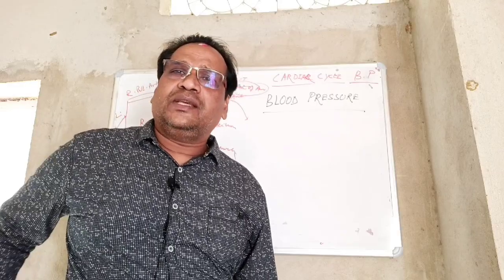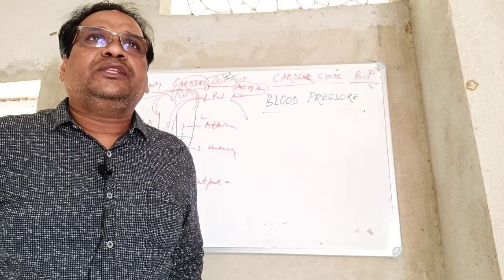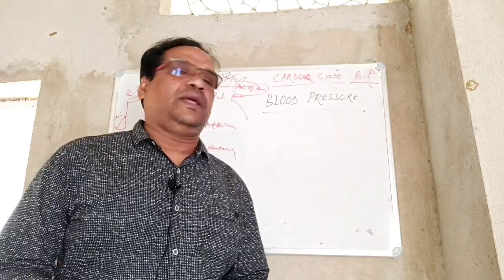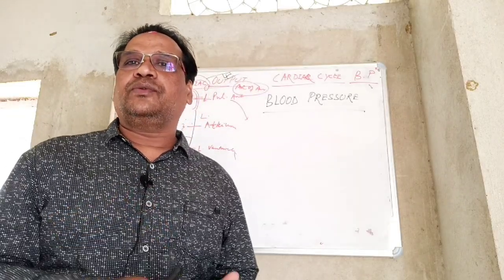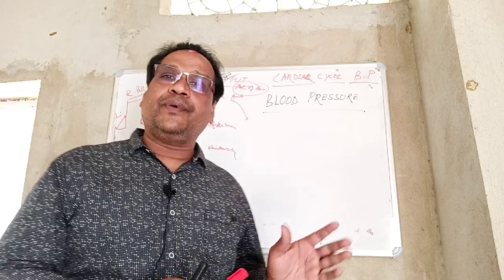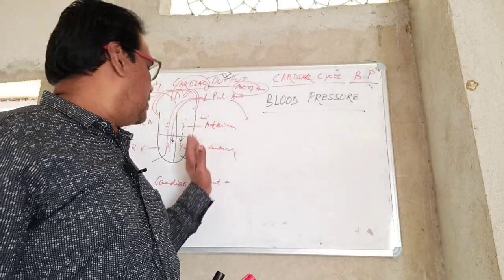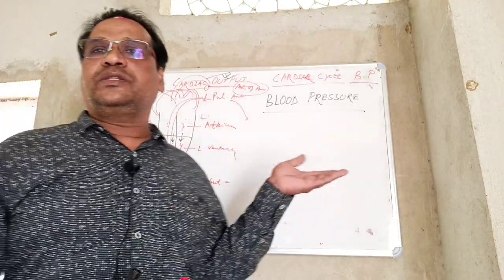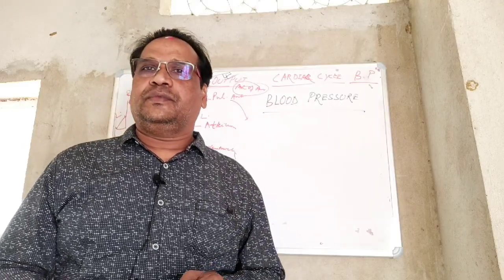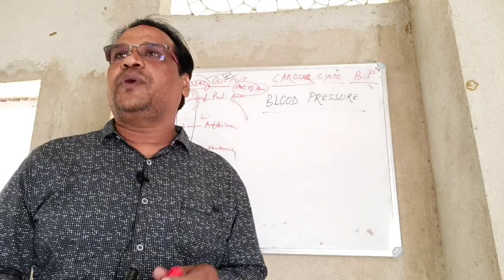Blood is pumped out through the arch of aorta to supply different parts of the body, and from the pulmonary artery, blood is transported to the right and left lungs to be purified.